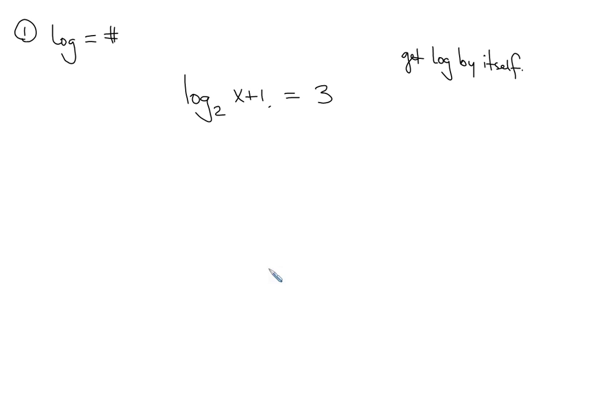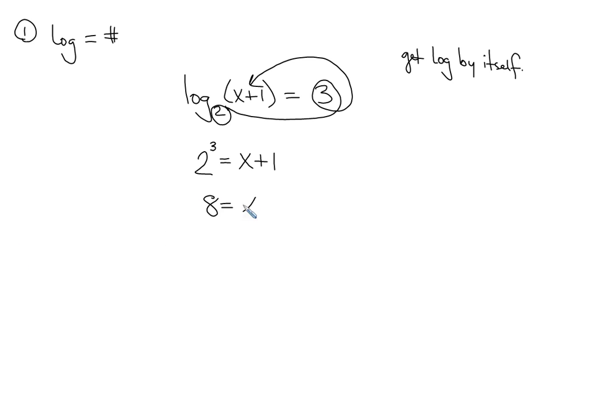Okay. Now this is by itself, so we're going to change this into exponential form by unraveling it. What am I going to get when I unravel this? 2 to the third power equals x plus 1. What is 2 to the third power? 8.